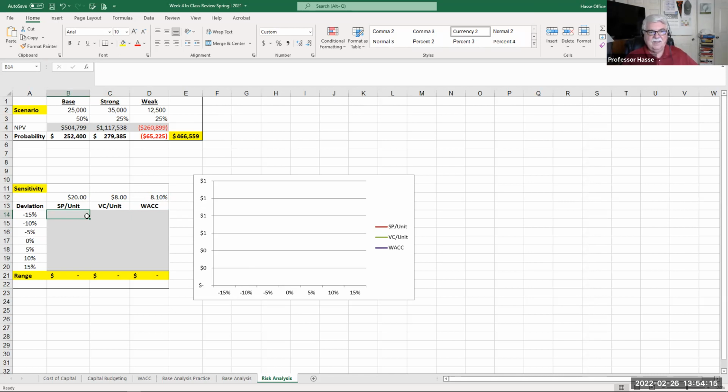And I've created a table where this will be shown, and this table will relate to a graph over here. You'll see this graph grow as we make our analysis. Now, in the real world, you have what is called SAP, or Oracle software, that corporations purchase that provide this information in these risk analysis, especially sensitivity.